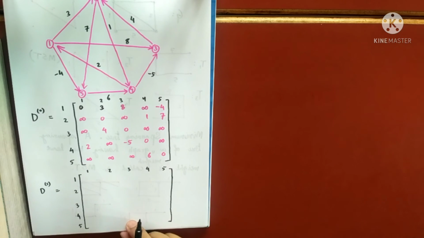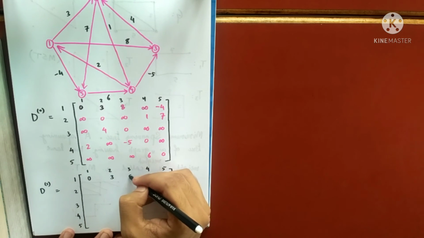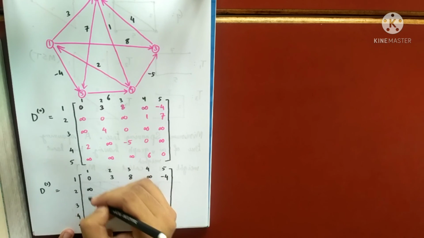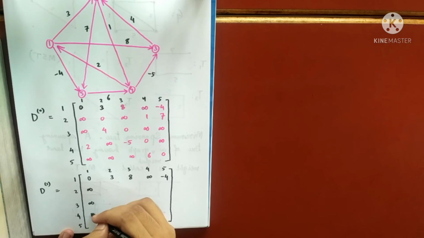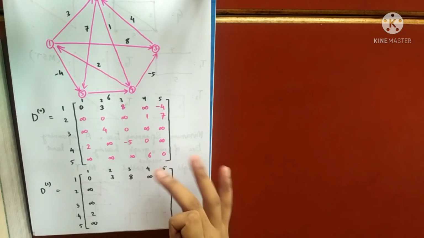So no need to see the graph now. We just focus on the matrix D0. So for D1, the first row and the first column are not going to change. So this is infinity, infinity to infinity, right? And this will also not change. Now we can start filling up the other gaps.